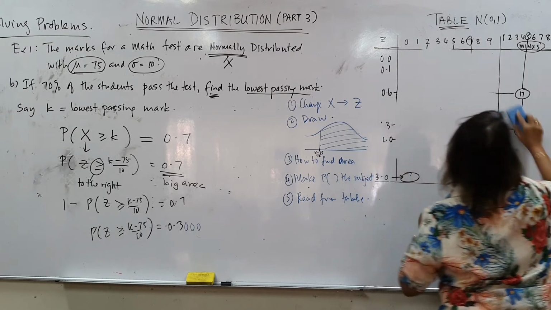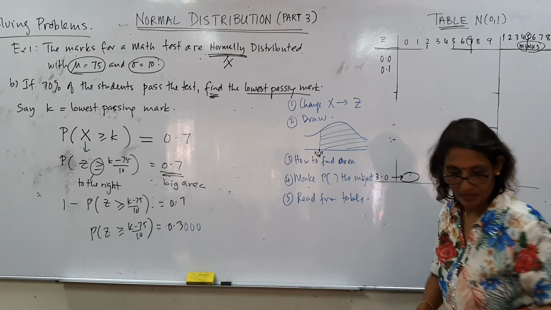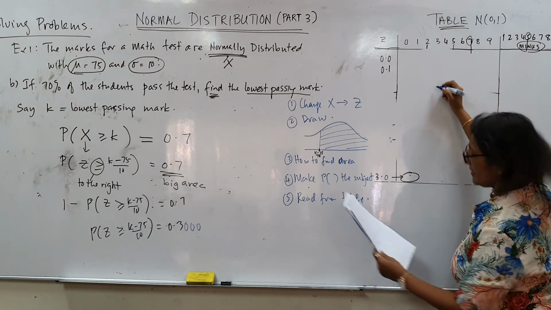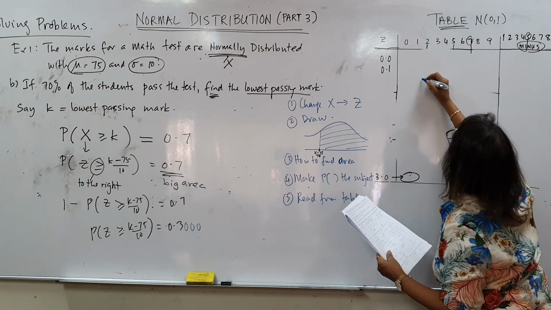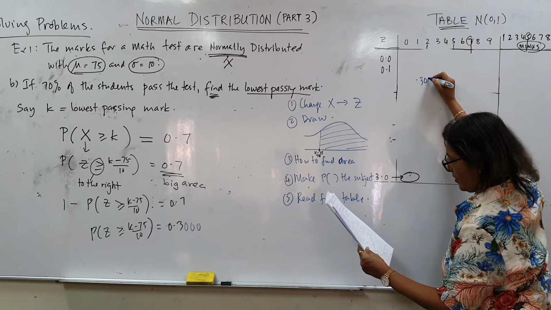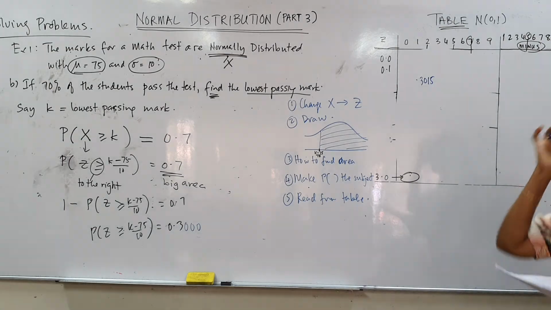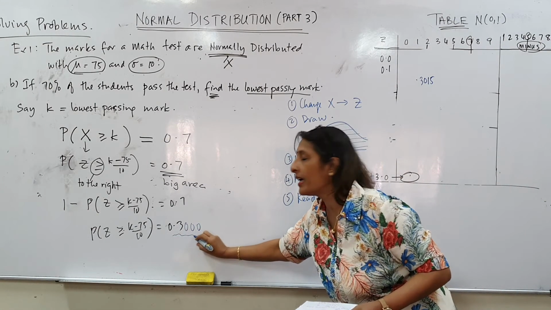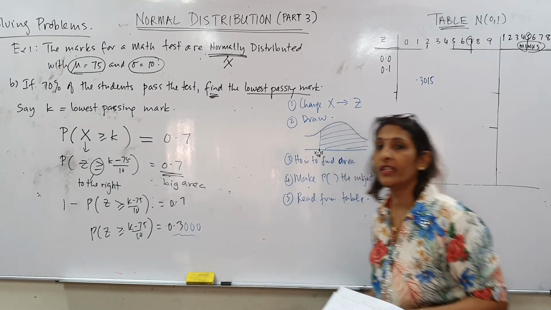I look for the value in the table. I cannot find 0.3000, but I can find 0.3015 as the closest to 0.3000. You have to look for the closest to this. If you can't find this, you have to look for the closest but higher value.